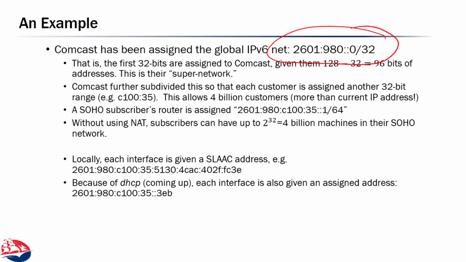Then Comcast can subdivide this, or has subdivided this, so each customer is assigned their own 32-bit address range. So for example, I might be assigned C100:35. What this means is when I get a route from IP6 on Comcast, I get a route of 2601:980:C100:35:1/64, meaning I have another 64 bits of space available to me.